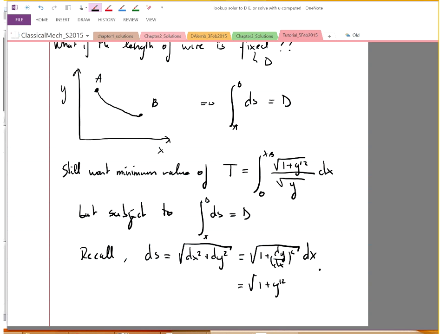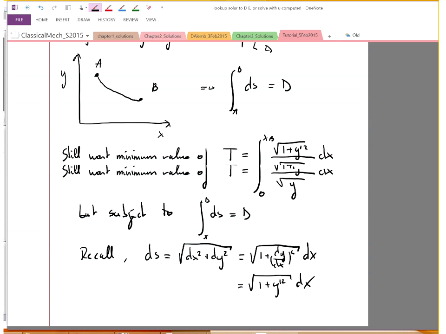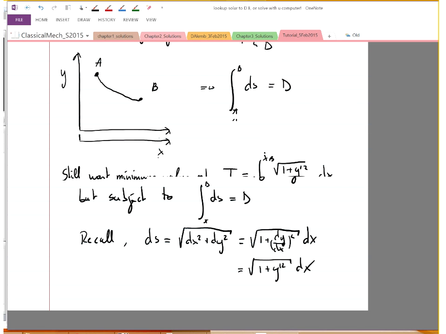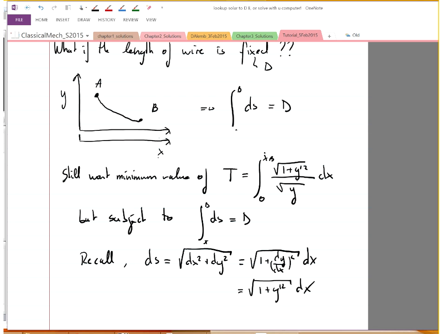And that, of course, is the square root of 1 plus y prime squared dx. So our constraint equation is like saying the integral from a to b of square root of 1 plus y prime squared dx is equal to D.